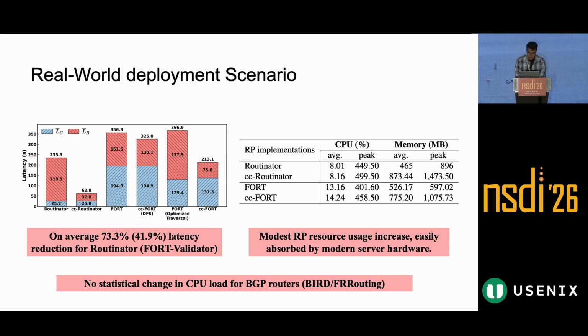More importantly, we observed no statistical change in CPU load on the downstream BGP router, proving that CityPipe doesn't overwhelm the routing plane.